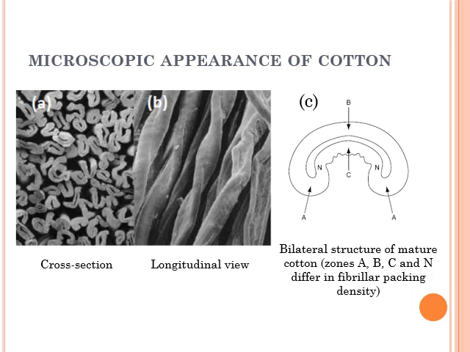Cotton fibers, as shown in cross section in figure C, have a bean-shaped appearance that is sometimes described as a bilateral structure, which indicates that the density of packing of cellulose chains is not uniform across the fiber. Hence, the accessibility of the chain segments to various reagents varies across the fiber.